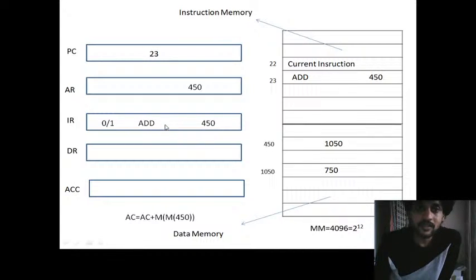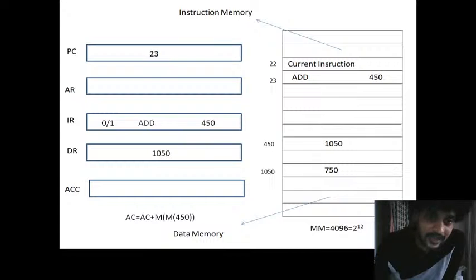Again, the moment the address register is loaded with an address, immediately the content will get transferred to the data register. But the data register will send this value back to the address register, because 1050 is not the value; 1050 is an address. If it is a direct value, there is no problem: finally, accumulator is equal to accumulator plus 1050.